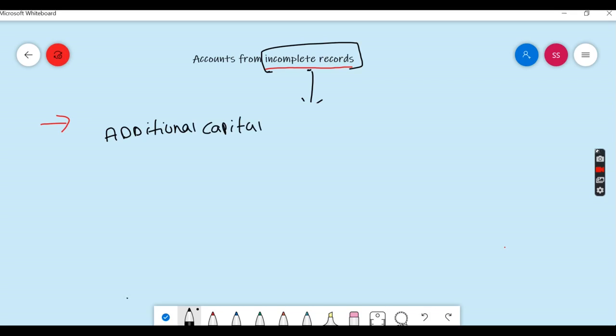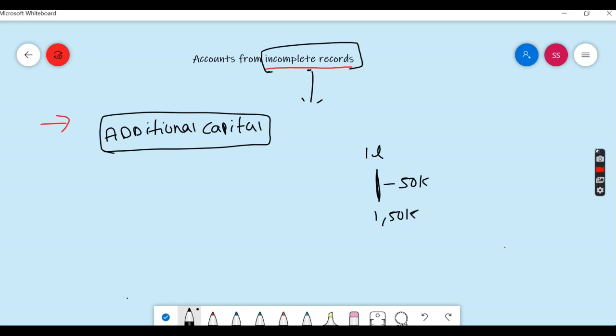In the previous example we saw that the opening capital is 1 lakh and the closing capital is 1 lakh 50,000, and the remaining 50,000 is profit, right? But if there is additional capital, let's just say he added 20,000 as additional capital, then his capital will become 1,20,000 and his profit will become 30,000, right?